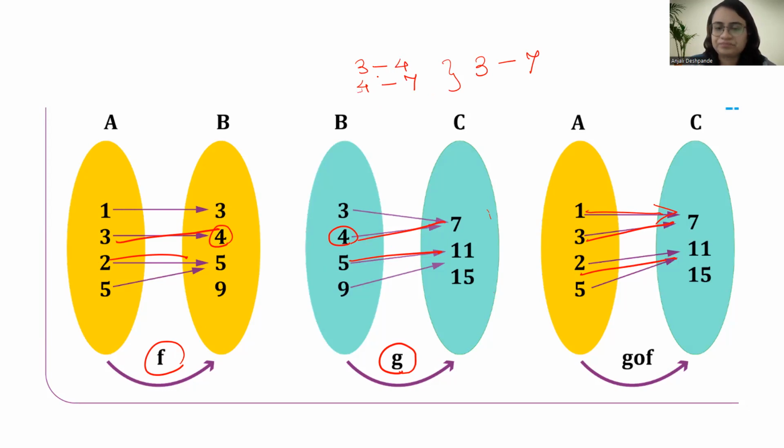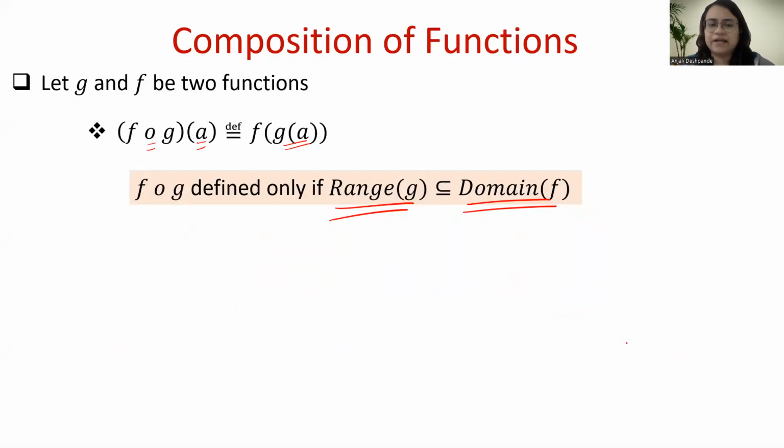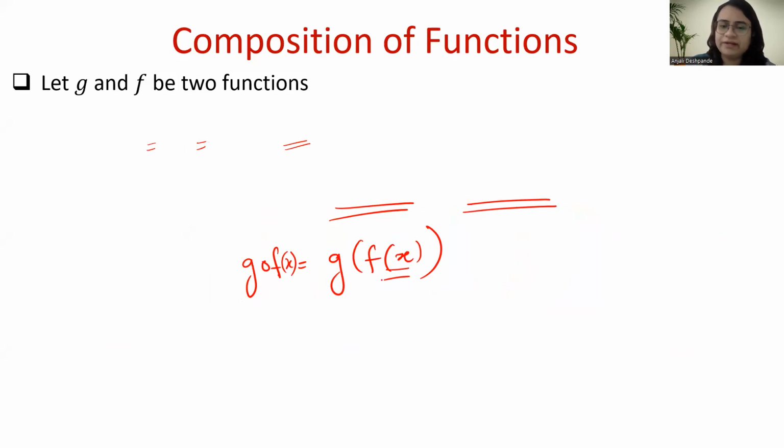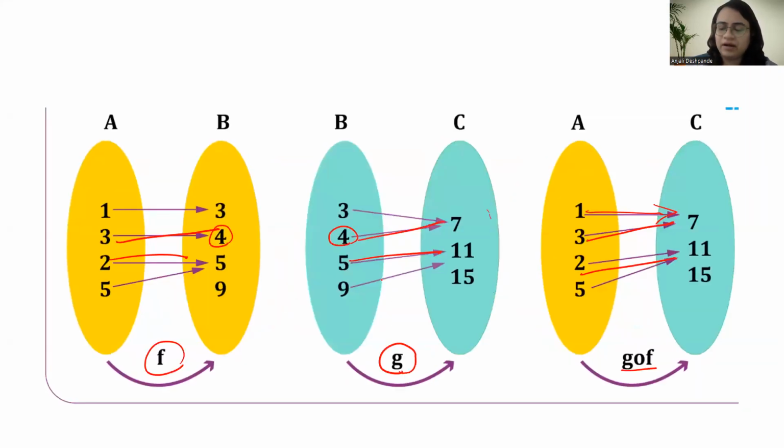So if you see, I have combined the two functions f and g, and the notation is g o f. Why? Because in the previous slide, if I want to find g o f, I will do g of f of x. That means first I will find the image of x in f. Let's say x is 1.